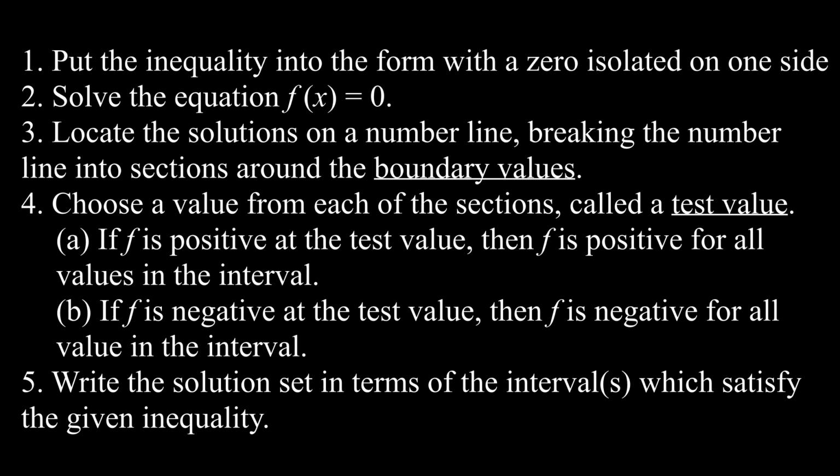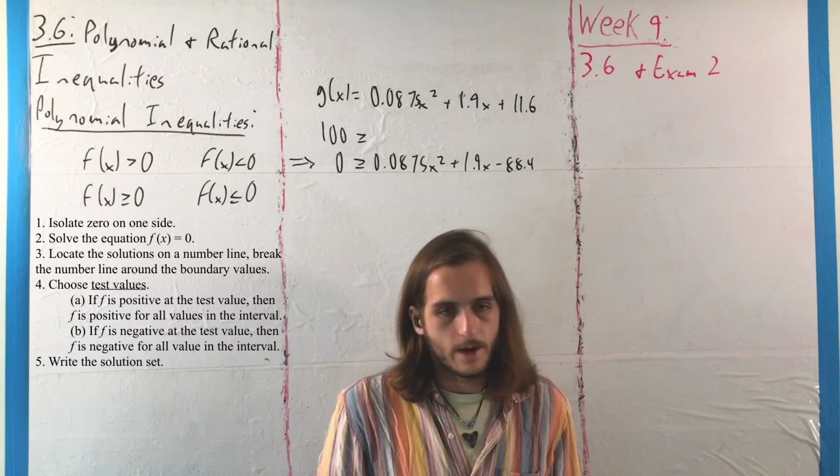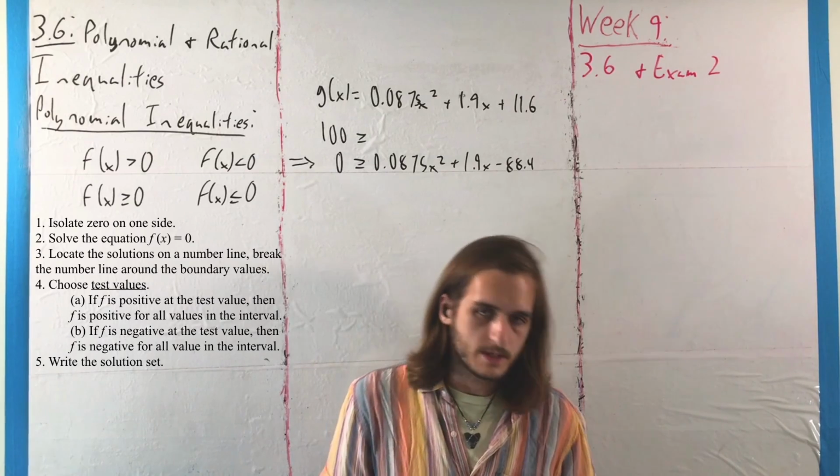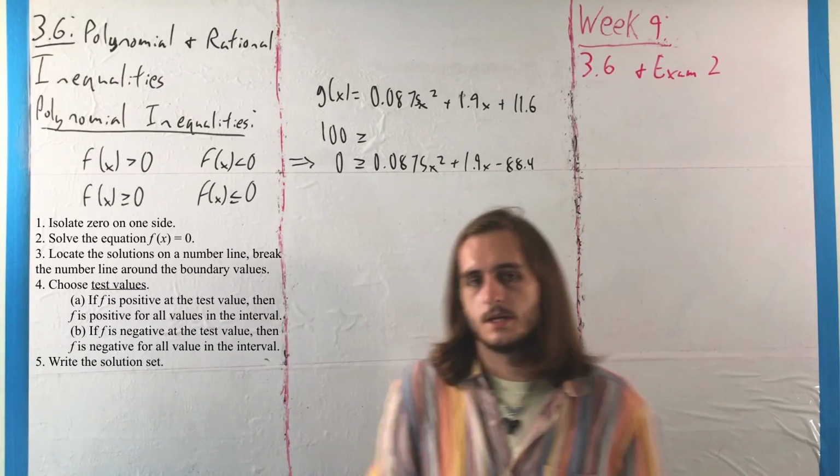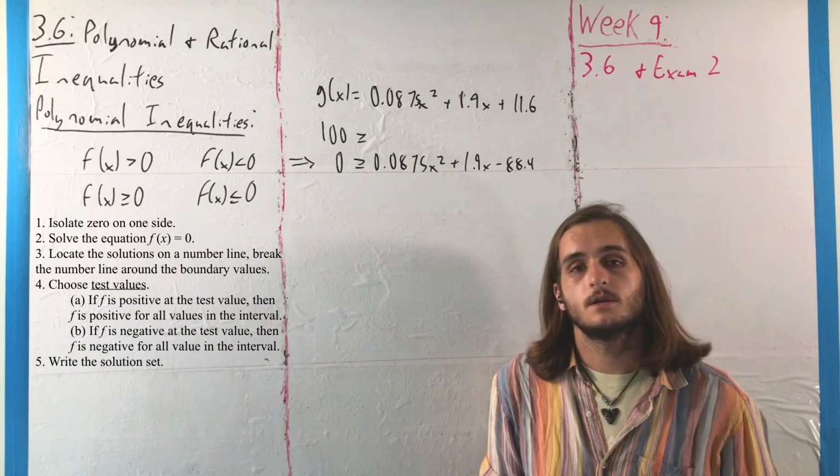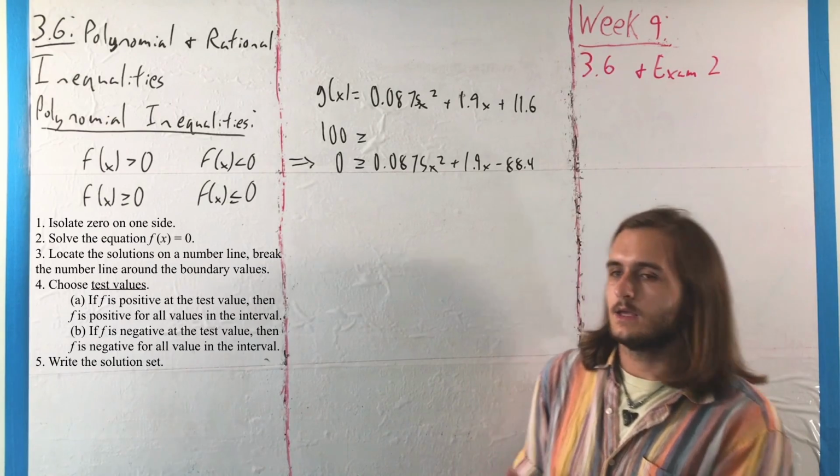If f is negative at the test value, then f is negative for all values in the interval. And finally, you write your solution set, the set of possibilities that fit the conditions you want, in interval notation, where the boundary values are those that occur at the boundaries between what we want and what we don't.